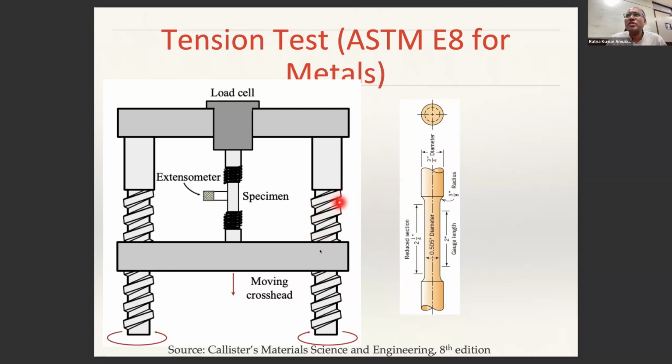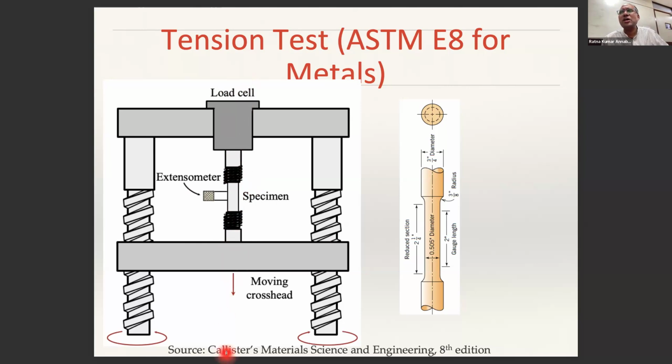And this is a typical configuration of a universal testing machine. It is called a universal testing machine because it allows us to do tension test, compression test, torsion test, depending upon the fixture that you add. The frame will look the same. And here you have grippers. Between the grippers, you have the specimen, and then you increase the gap. Here you have a load cell which will measure the applied load, and this is a moving crosshead.